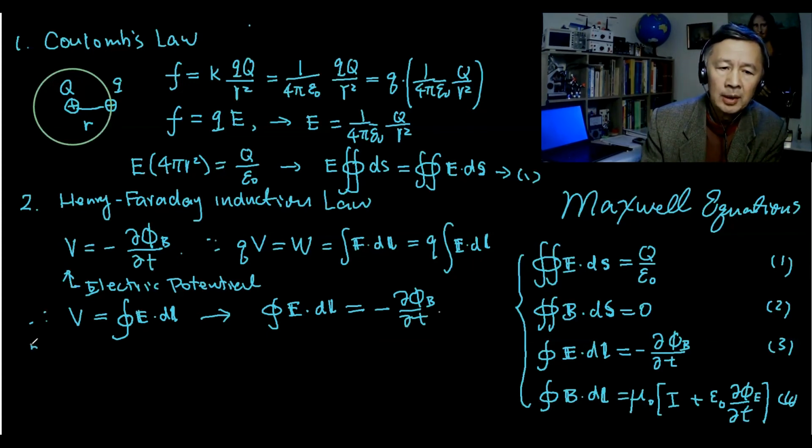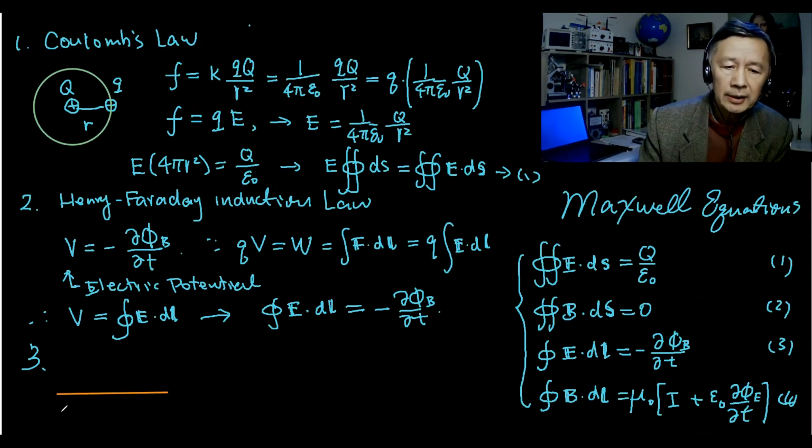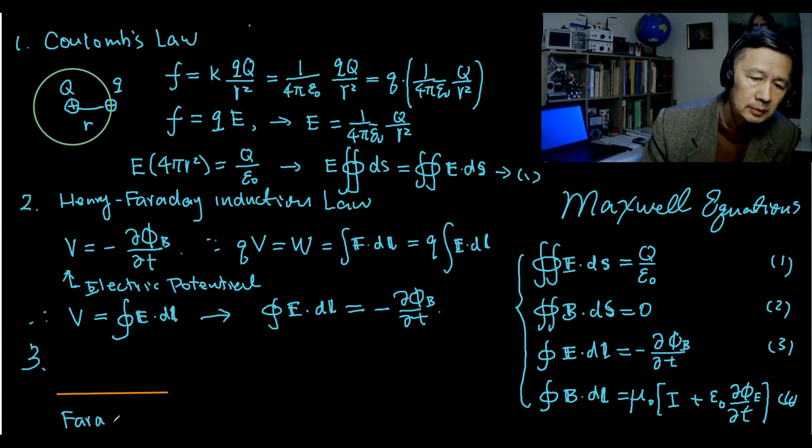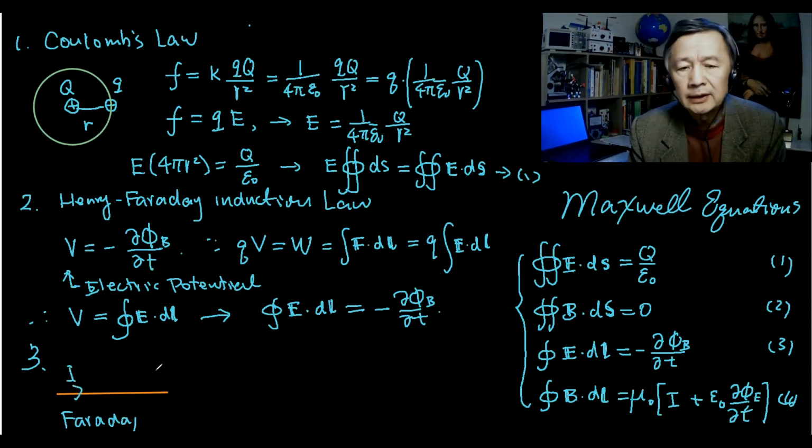Finally, we're trying to obtain the fourth one. The fourth equation originally comes from an observation. It was observed that if there is a current going through a wire, then there will be a magnetic field around it.